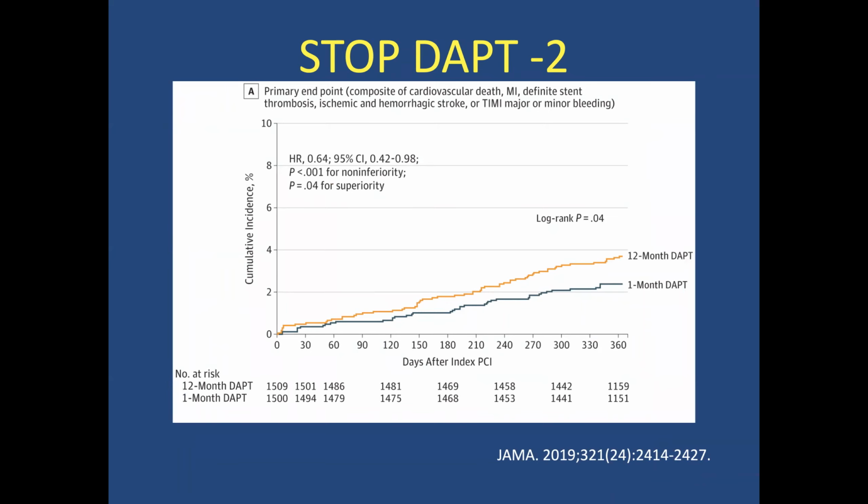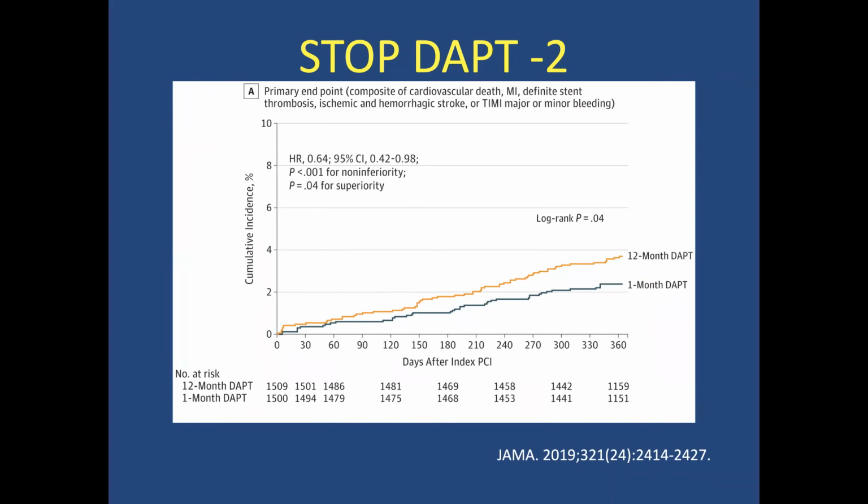So previously we've discussed dual antiplatelet therapy, or extending it beyond 1 year in the setting of acute coronary syndrome or percutaneous coronary intervention. We've also discussed that there are multiple trials showing that 6 months, 3 months, even down to 1 month can be safe.